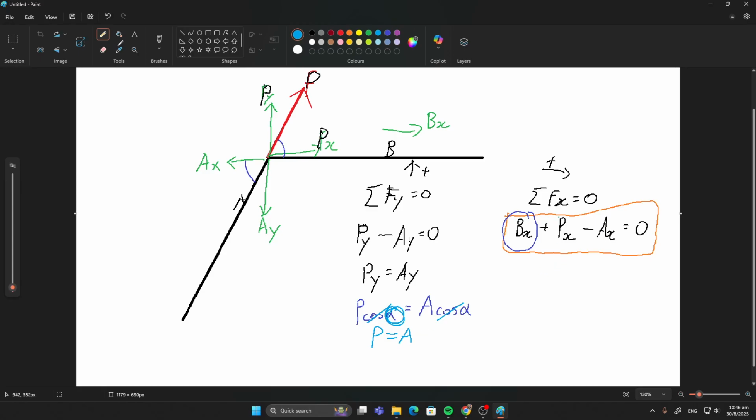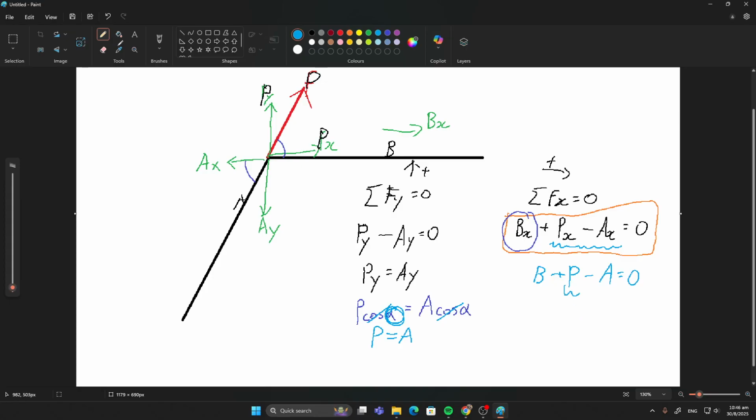And because of that, if I look at this statement alone, maybe I shouldn't put Bx either.